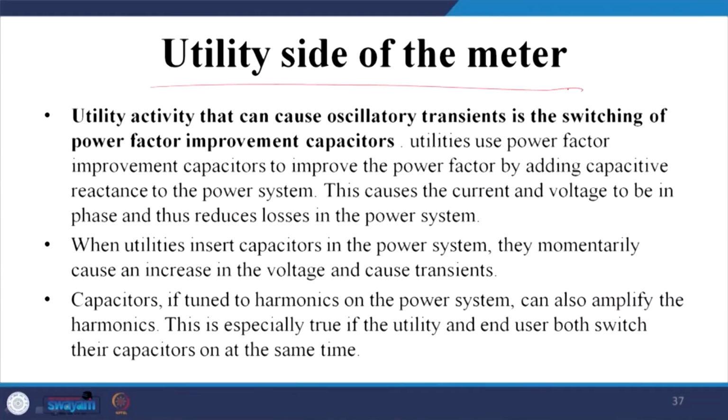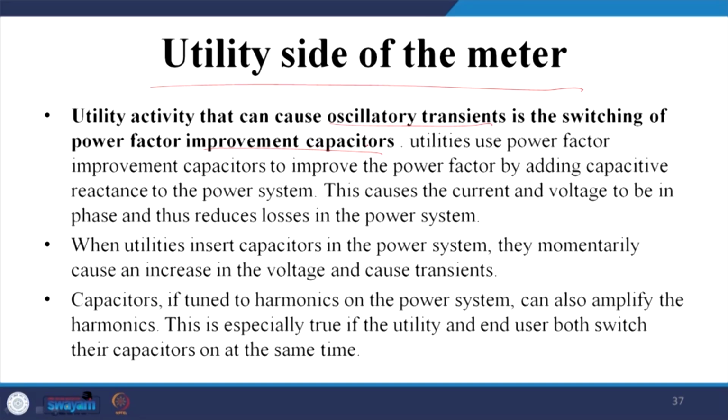Now, let us come to the role of the utility side of the meter. Utility activity can cause oscillatory transient, that is what I am saying, in the switching of the power factor improvement capacitors. Mainly we have discussed the issues of the capacitor in a separate class.